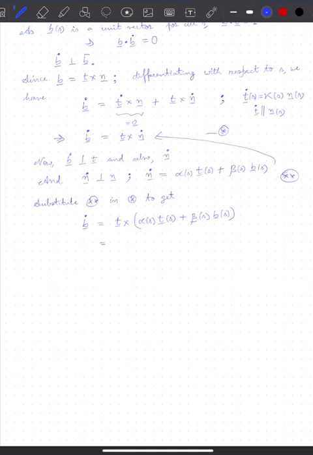Now T cross T is, of course, I mean, anyway, let's first write it: T cross T plus beta of S T cross B.